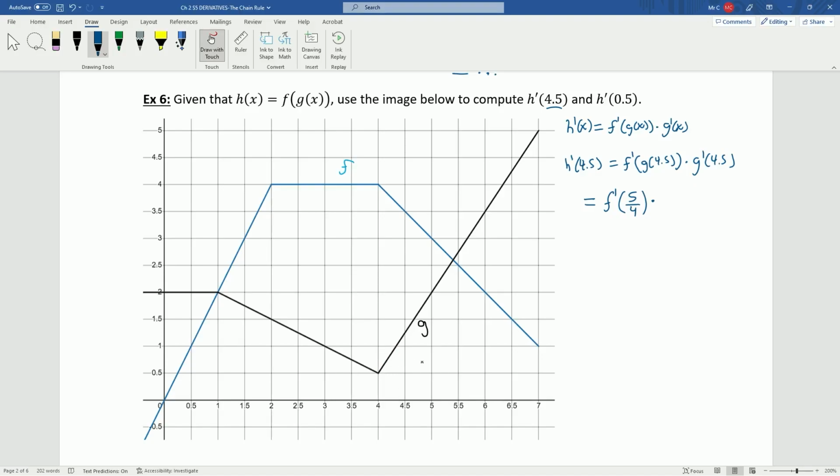I'm going up 3, 1, 2, 3, and over 2. So that's 3 over 2. Now I'm looking at f prime of 5/4. When I go to 5/4, that's 1 1/4. What's the derivative of f here? The slope here is rise 2 and go over 1. So that's 2 over 1 times 3/2, which is 3.